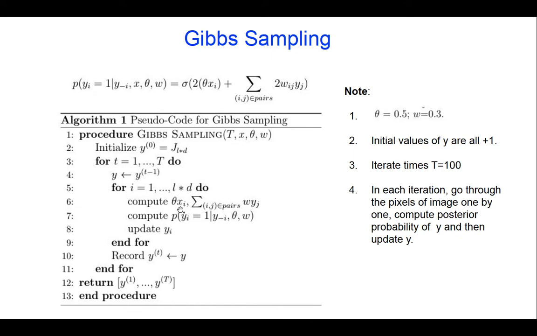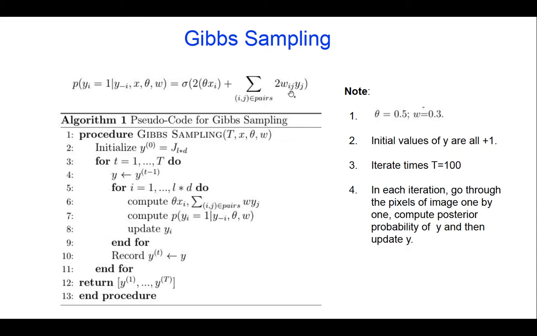Okay, and then for each pixel, to calculate the probability of yi equals 1, we need the theta xi part and also the summation part. So we calculate these two parts, where theta is from the likelihood, and xi is the corresponding pixel value from the observed image.